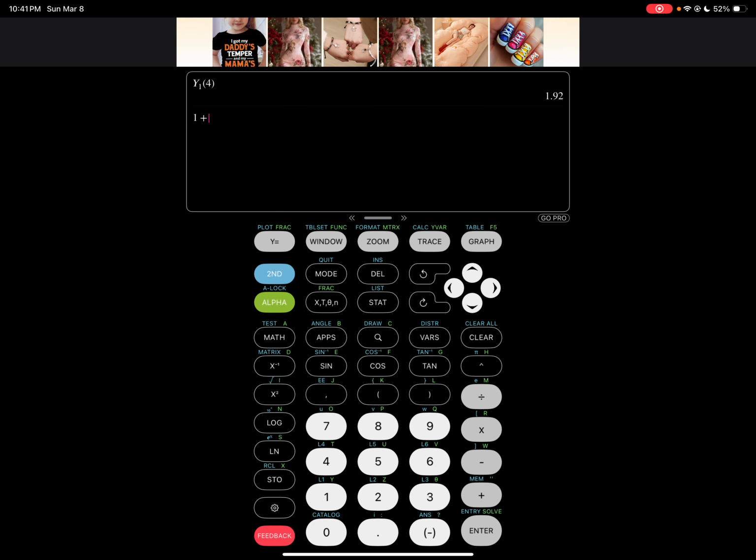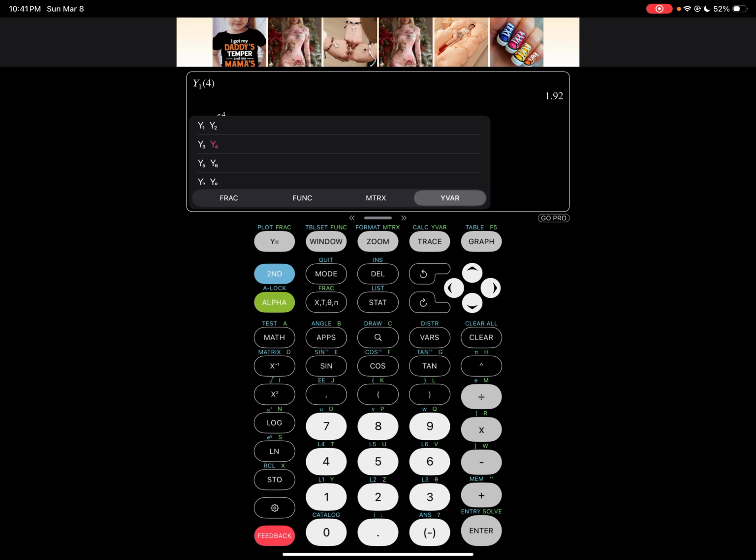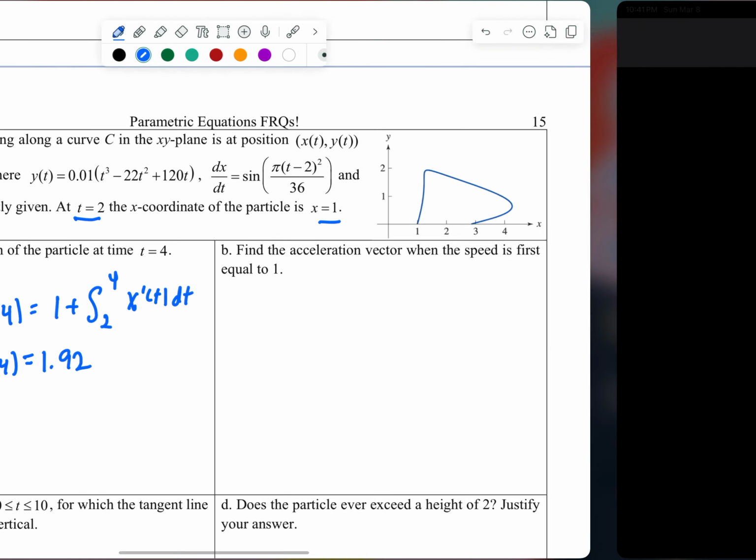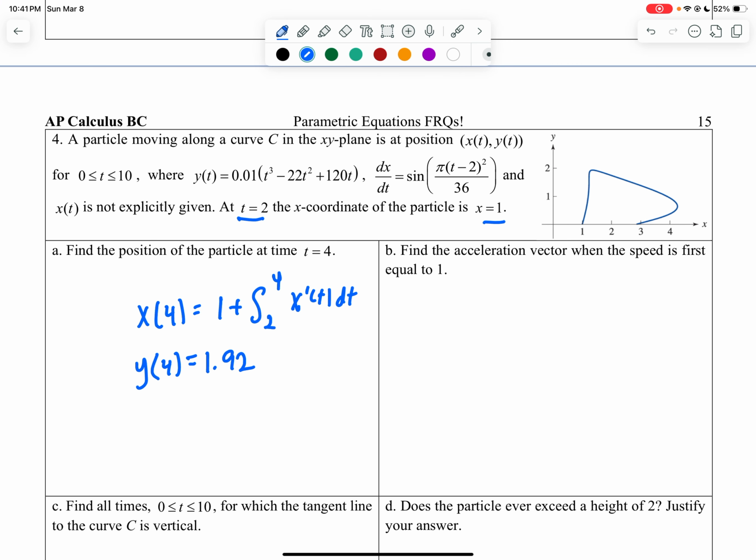In this case, that's going to be y2 dx. And this gives me an x-coordinate position of 1.2306. So that means that our position at time t is equal to 4 is (1.2306, 1.92).